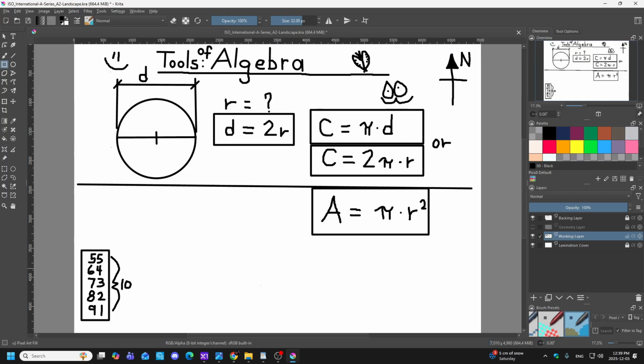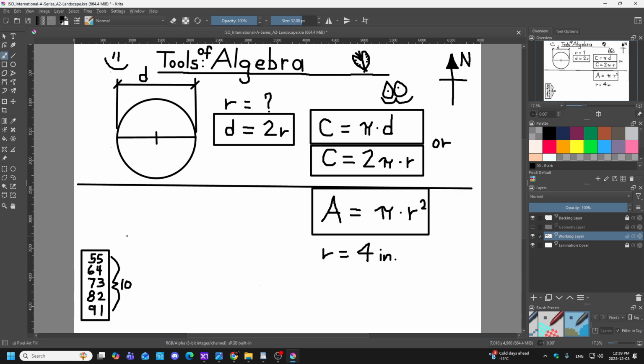Find the area of each circle to the nearest tenths. Okay? The radius equals 4 inches. So area.